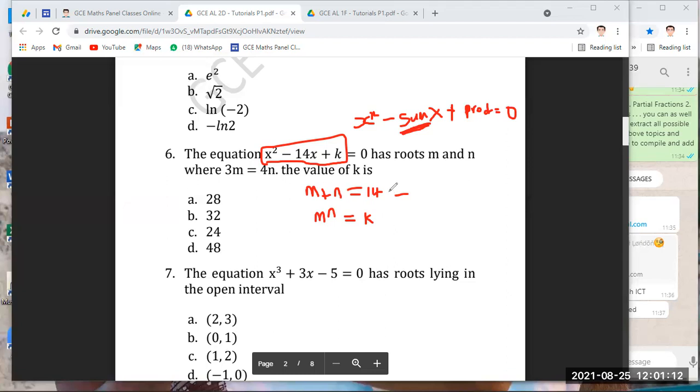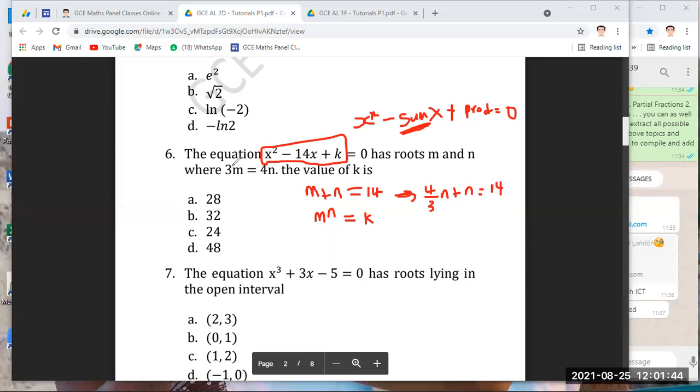I can use 3m equal to 4n in this first equation, and instead of writing m, I'll replace m by 4 on 3n. So we have 4 on 3n plus n is equal to 14. Lina, do you know where 4 on 3n is coming from? Yes, madam.